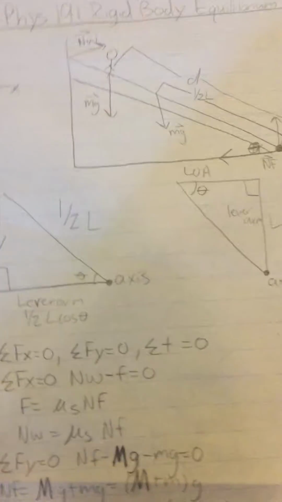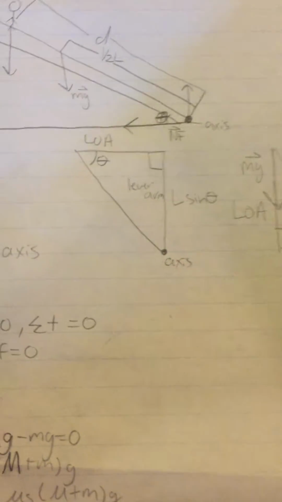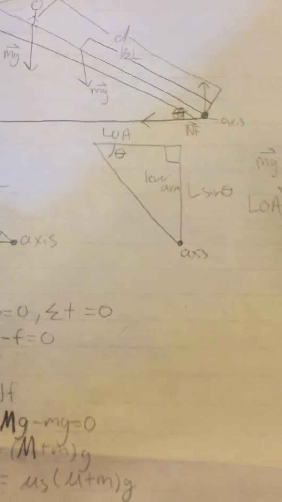So I started out by drawing my pictures, and I spread them out. Instead of putting numerical values and confusing everything, I decided to put L for the length of the ladder, which is equal to 8 meters. D is the unknown distance from the bottom of the ladder to the point where the person stands.